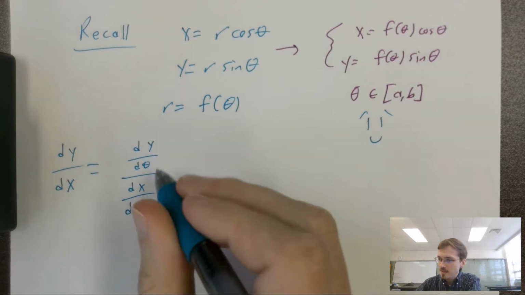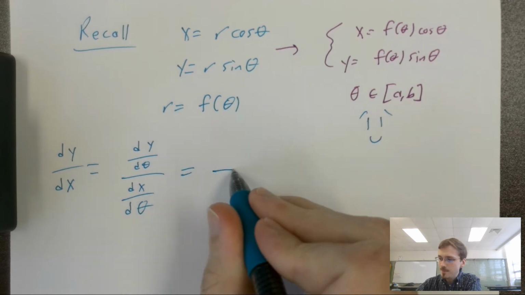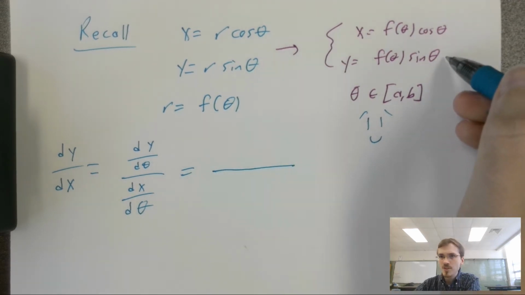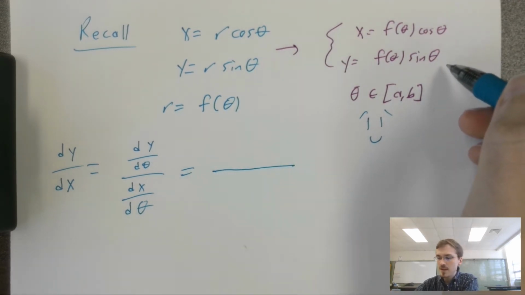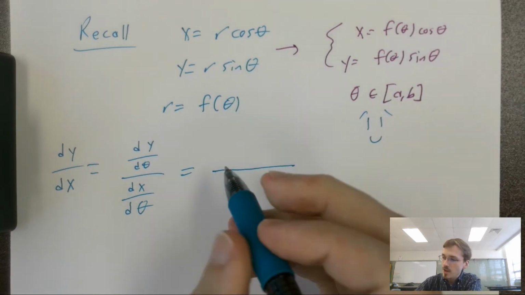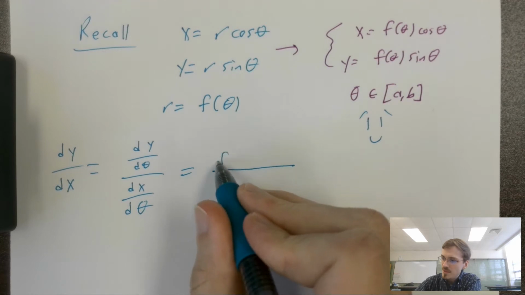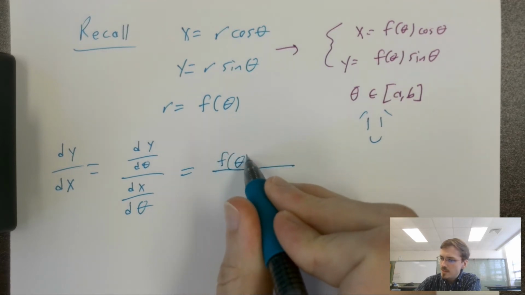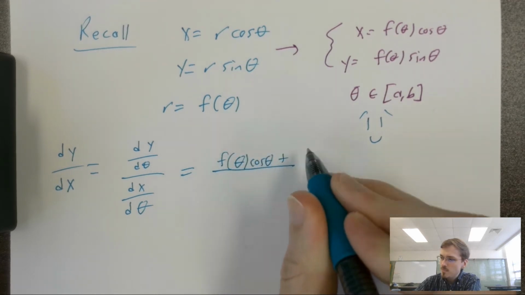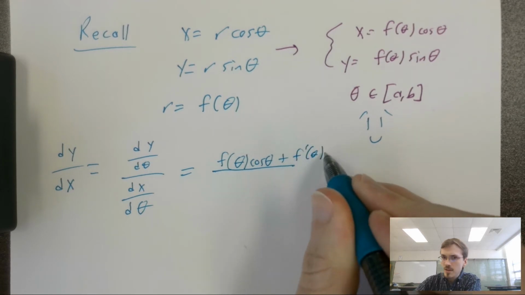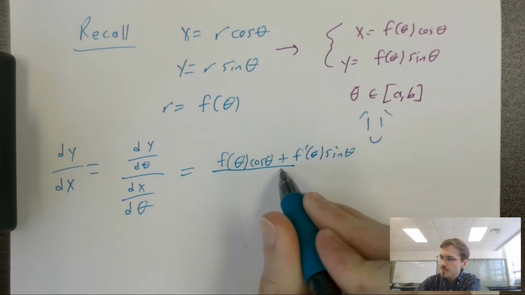How do we find dy/d theta? It's going to be the derivative of f of theta times sine of theta with respect to theta. And so by doing the product rule, we see that it's quickly f of theta times cosine of theta plus f prime of theta times the sine of theta.